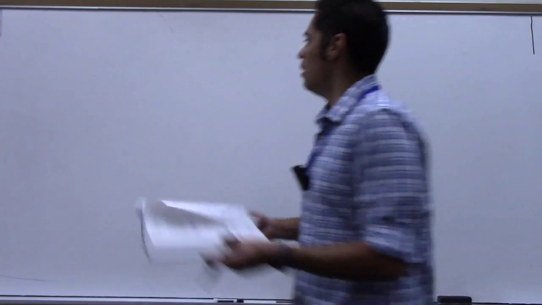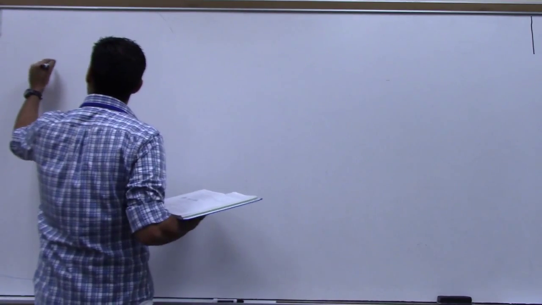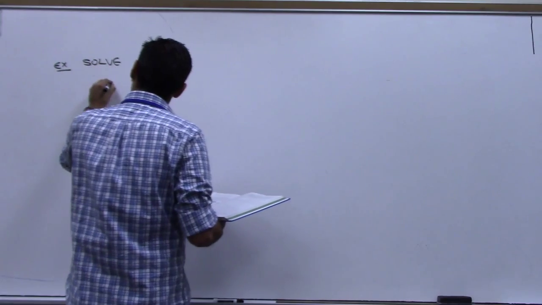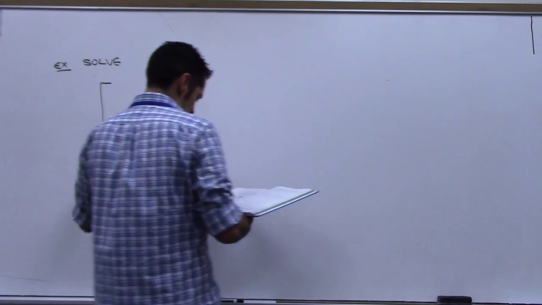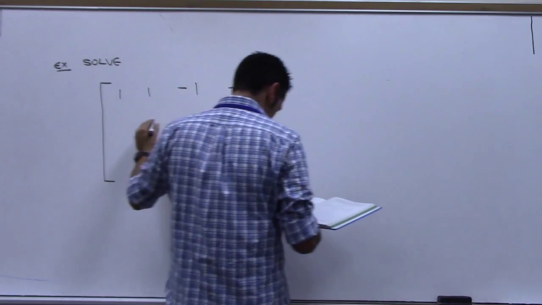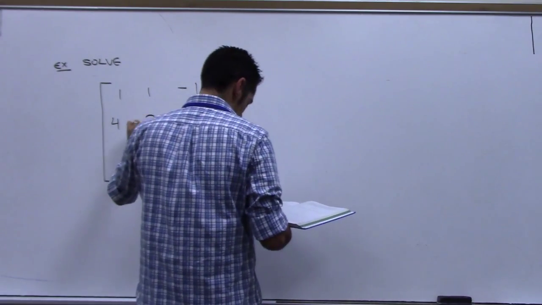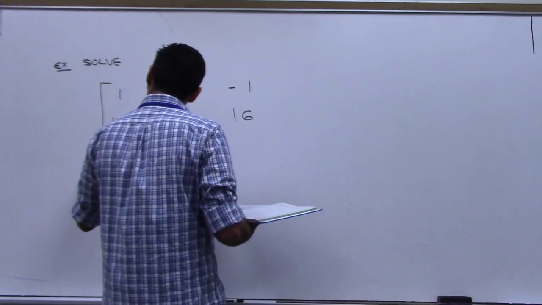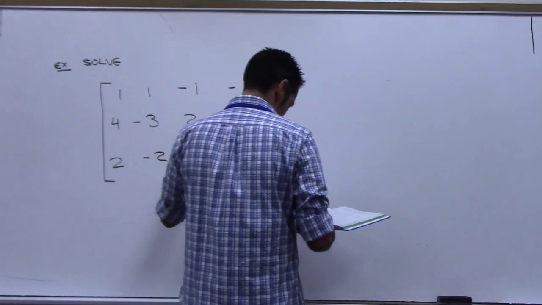Here it is. So I want us to solve this. It was 1, 1, negative 1, negative 1, 4, negative 3, 2, 16, 2, negative 2, negative 3, 5.